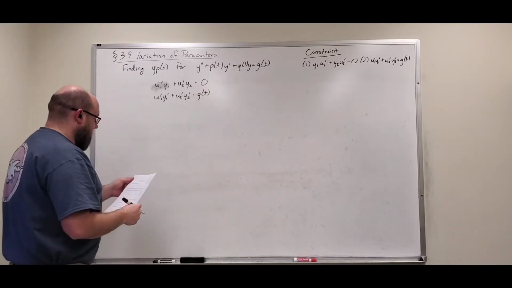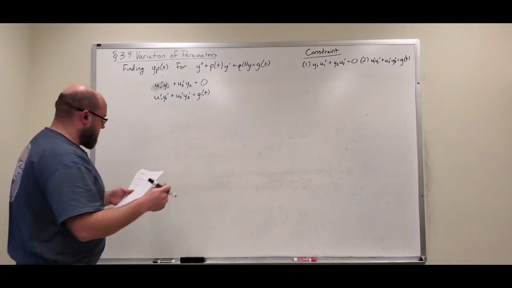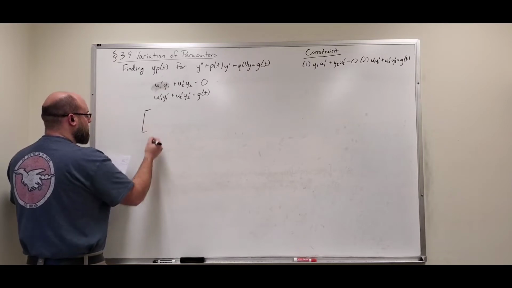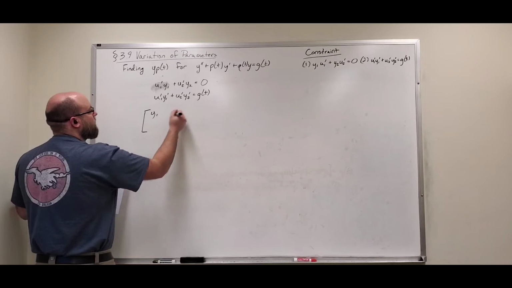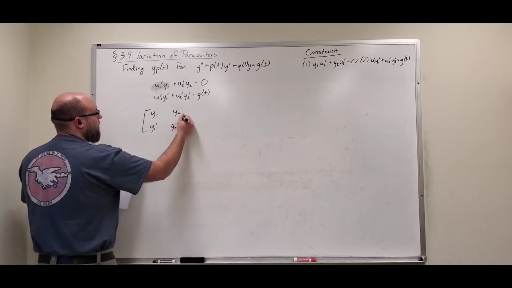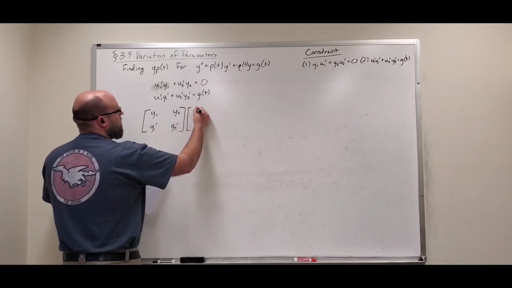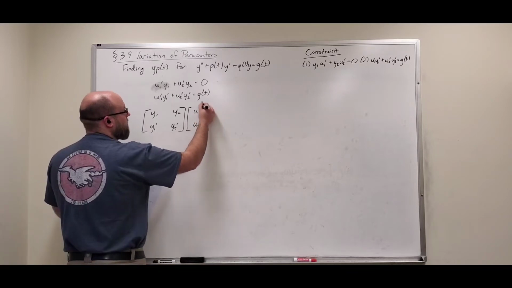We can rewrite this as a system of linear equations, and then actually we're going to use matrices here in just a second. So rewriting this in matrix format, we have y1, y2, y1 prime, y2 prime, times u1 prime and u2 prime.